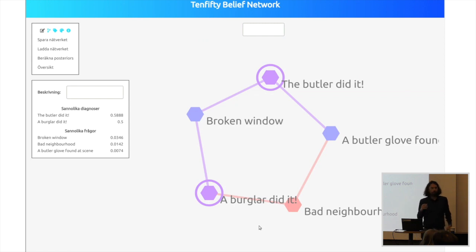So the difficult thing, or one of the things, in getting an expert to encode knowledge such as this is that reality works in this way. We know that a burglar causes a broken window. But when we reason the other way, we know that the window is broken, so we reason backwards that a burglar probably did it.